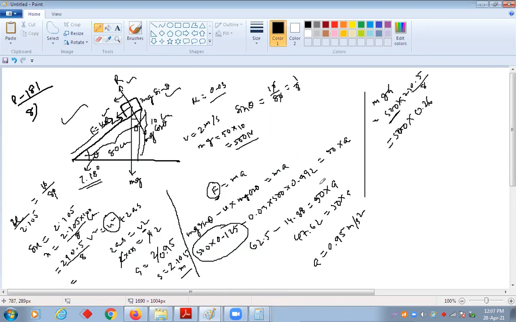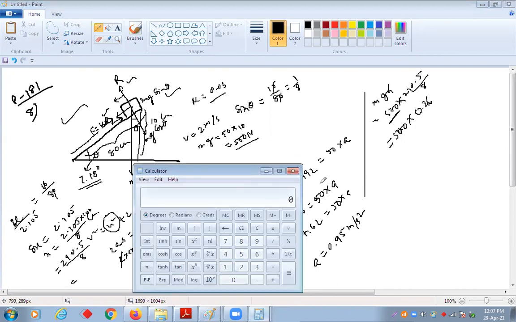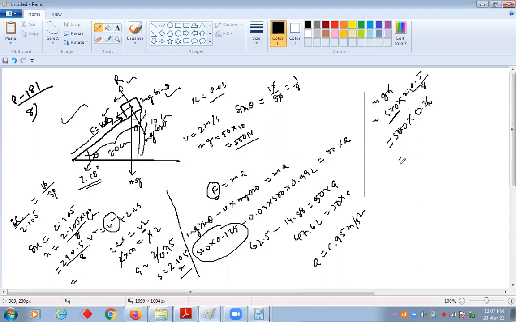So 0.26 into 500, that is 130 joule, the loss of energy. See the answer.